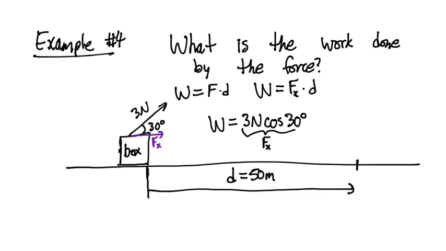So this is Fx, and we know that that component of the force is pointing in the same direction as the direction of motion, and so that's the only part of the force that we use. Multiply that together and we get 130 Newton meters, or 130 joules.